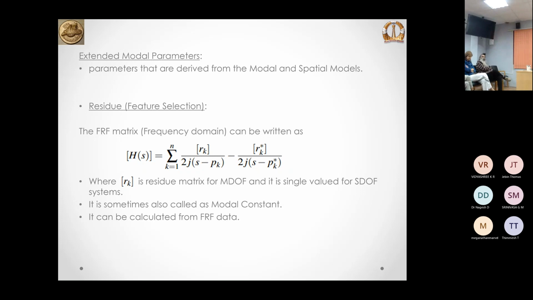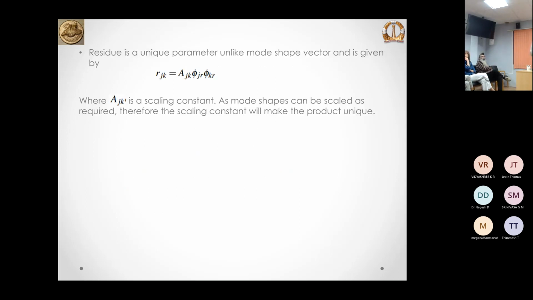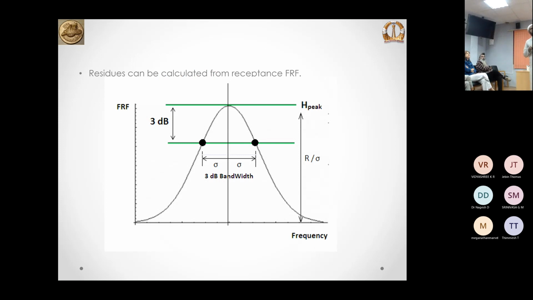What is residue? If you split the frequency response function into partial fractions, the numerator is the residue. These numerators are unique to the system. That is the observation, and we are making use of these residues to calculate the damage location. Residues can also be related to mode shapes.